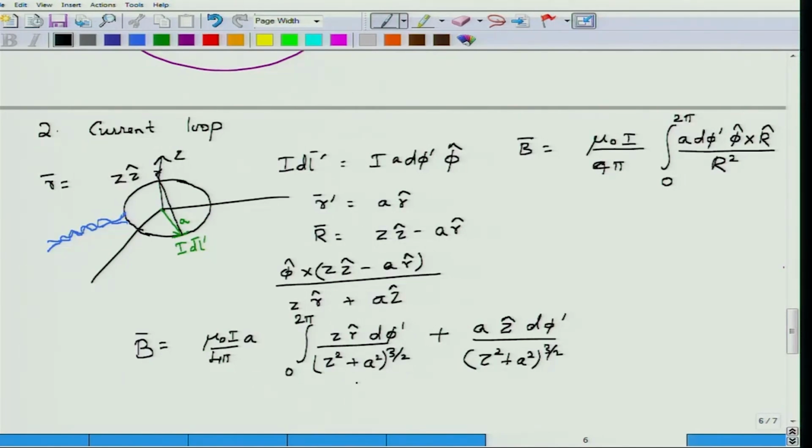And this integral with respect to r actually goes to 0.